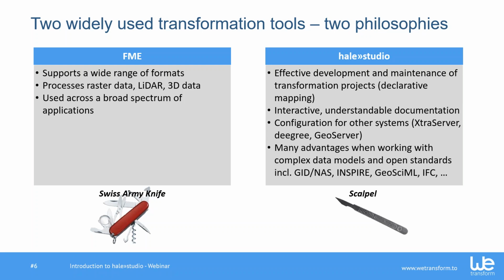So it helps you developing and maintaining your transformation projects. And it also supports what we think is an interactive and easy to understand documentation. That's also very important that you can follow that after. For some, it's important to provide configuration for other systems like XtraServer, deegree, or GeoServer. And taking all of that, we think of it as the scalpel, so to contrast it a bit to the Swiss Army knife. But again, we will show it today, and so you take your own perception of that.